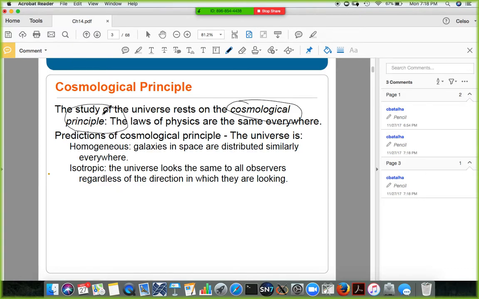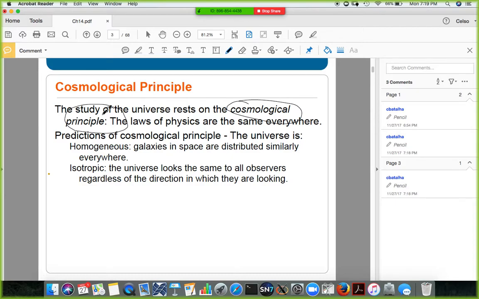So the cosmological principle states that the laws of physics we use here in our local universe, which means the laws of gravity, the laws of gases, the laws of thermodynamics, are the same everywhere. So there is not a specific part of the universe in which the laws of nature happen to be different.